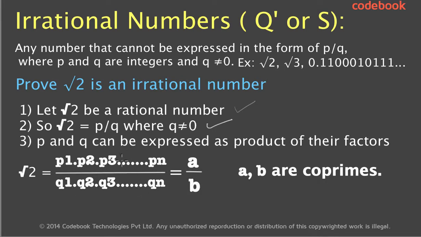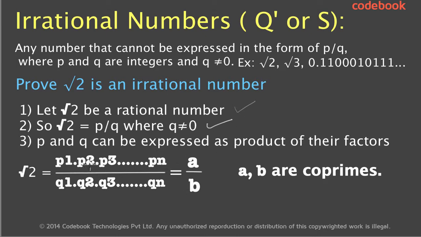If we cancel out the common factors of p and q, we will be left with a product of primes unique to p and a product of primes unique to q, which means only the non-common factors in numerator and denominator.